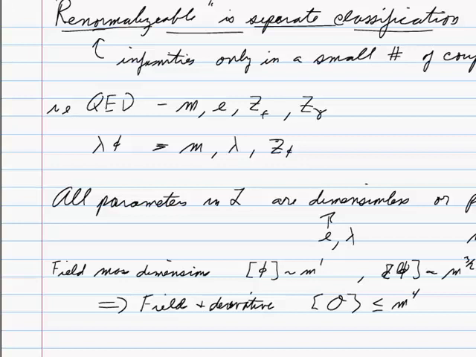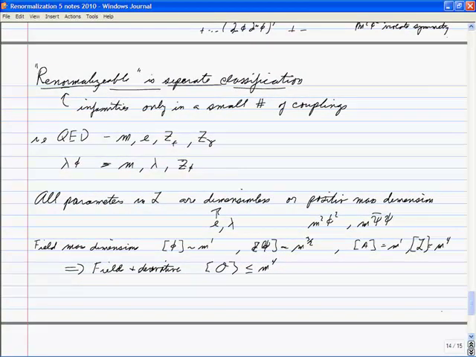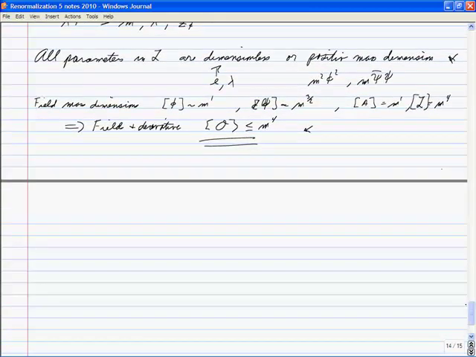If it's equal to mass to the fourth, then the coupling constant that goes in front of it is dimensionless because the Lagrangian has dimension mass to the fourth. If it's less than mass to the fourth, from operators like psi bar psi, then you have to put a mass in front of it to get the Lagrangian to have the right form. So the criteria can be phrased in terms of the coupling constants or the operators that are in the Lagrangian.